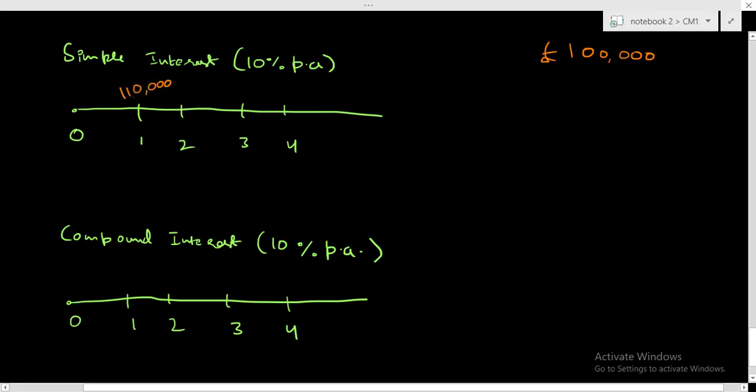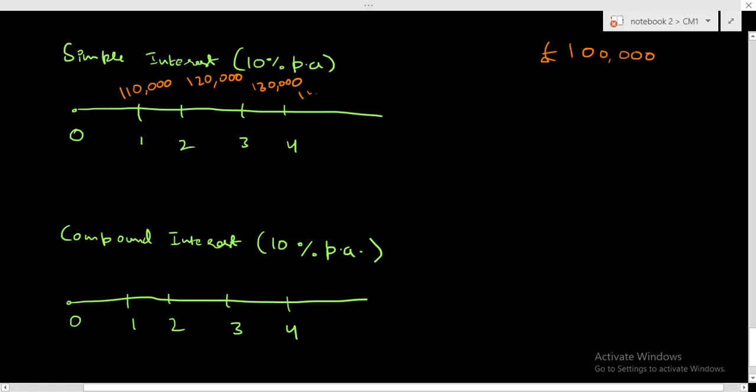If I add 10% of the initial amount which was 100,000, 10% is 10,000 which is added to this. Then next year it will be 120 because again 10,000 will be added. Next year it will be 130, 10,000 added. So every time 10% of only the original amount which was 100,000 is added.